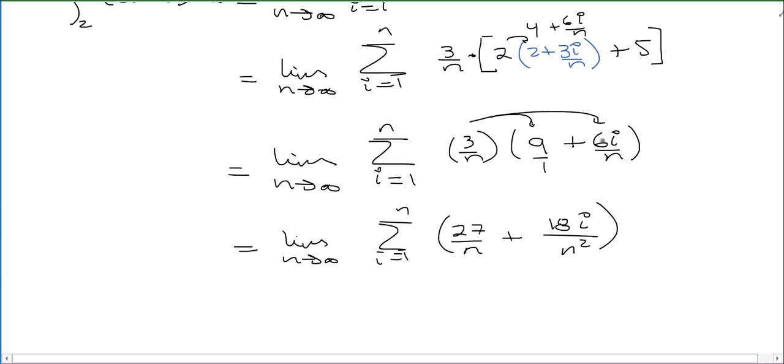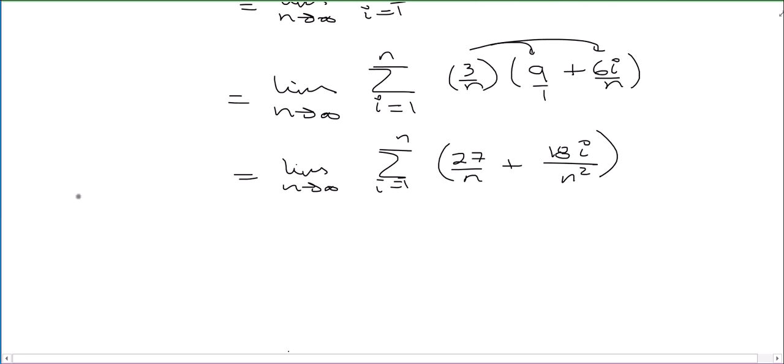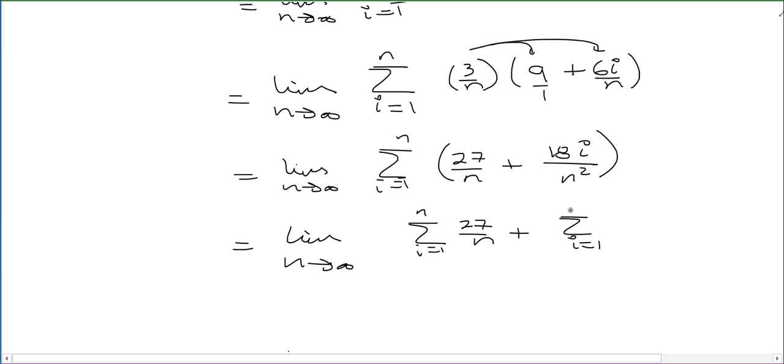Same thing, numerator times numerator, denominator times denominator. And now I'm going to use the properties of summations to split up the sum. So this is going to be the limit as n goes to infinity, and I'm going to have i equals 1 to n of 27 over n plus the summation i equals 1 to n of 18i over n squared.